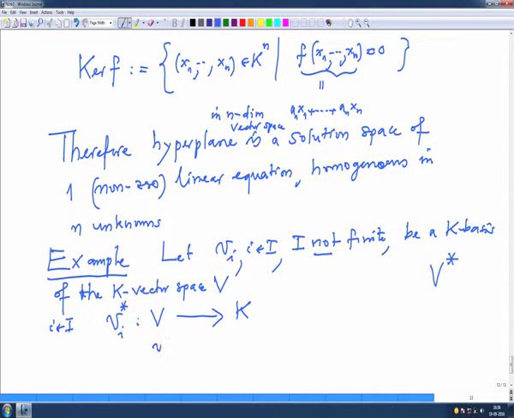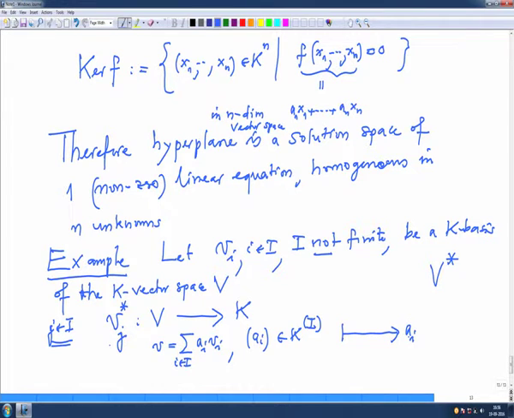I have to define it on each v, but each v is a finite linear combination of this basis, sum a_i v_i, and this tuple a_i belongs to k power round bracket I. So, I will map this v to a_j, j fixed. Definitely almost all of these will go to 0; I call it j, otherwise it will get confused with this i.